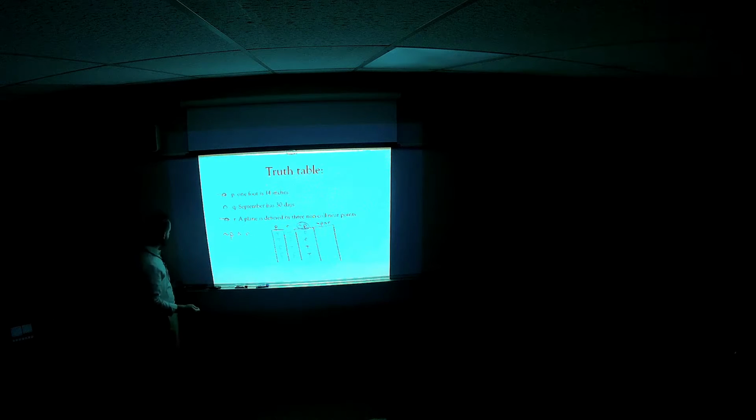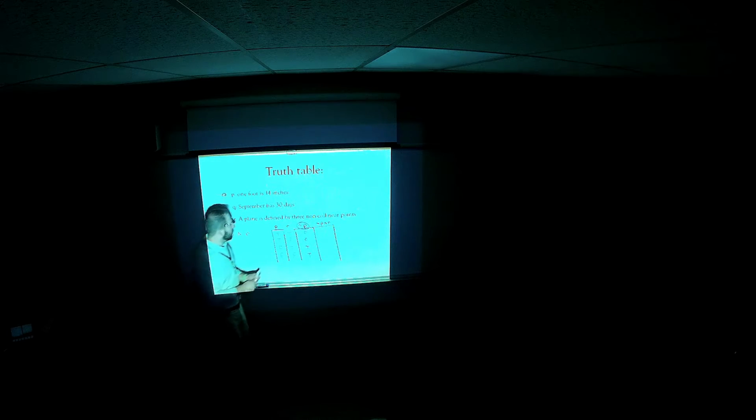Now when we get to the end, we're doing the conjunction. We're only using basically these two columns right here, because we're doing the negation of P and R. So we're just using these two, not the original column. The original column was just to help us with these letters.